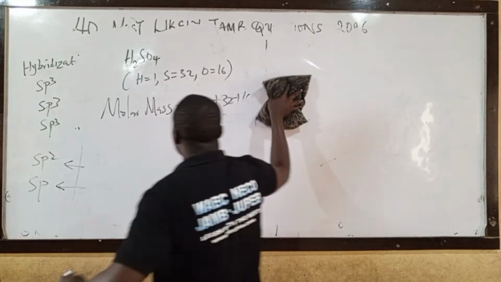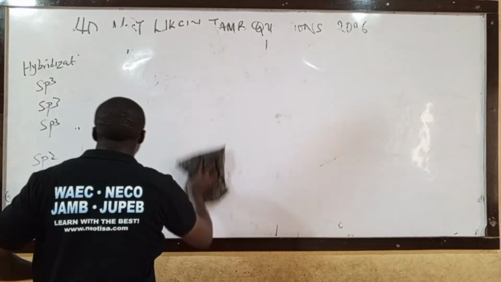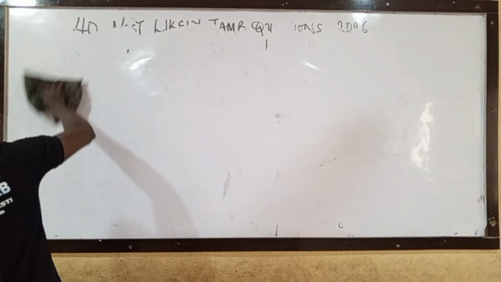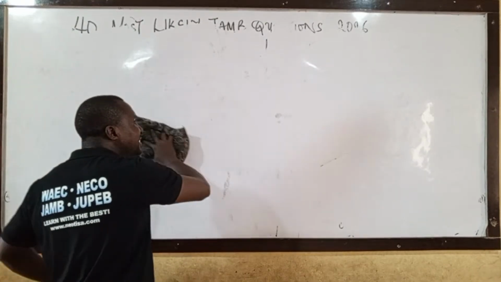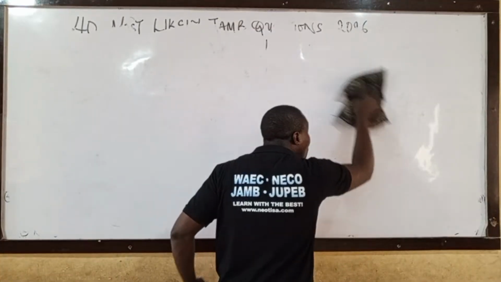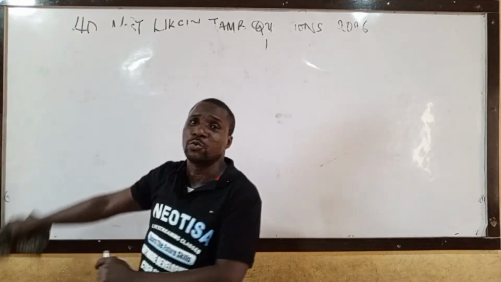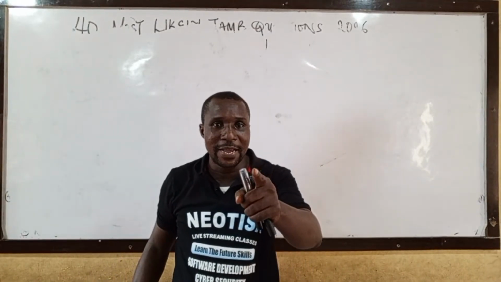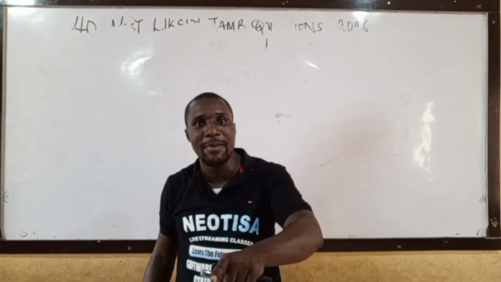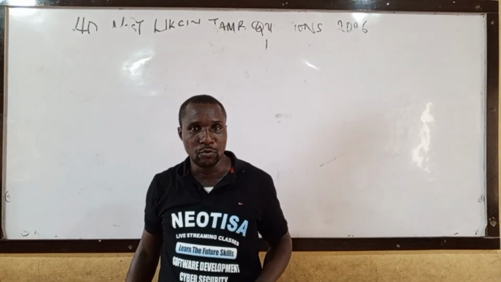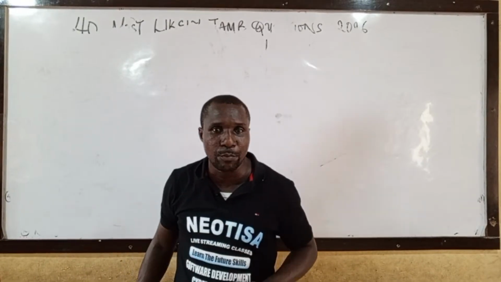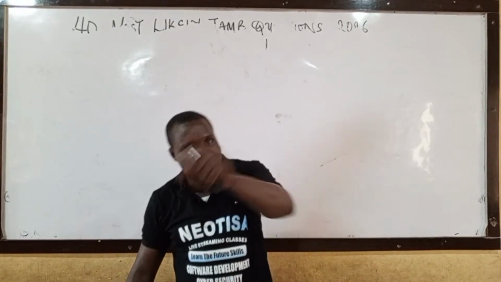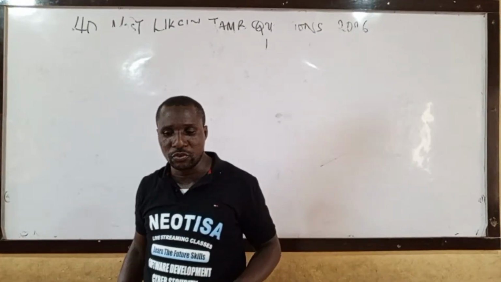Which compound do we use the sulfate process to produce? Which substance do we use Gibbs apparatus to produce? Castner-Kellner? Ostwald process? That one came out in 2023, last year. Bosch process? They will ask you. Let me give you.